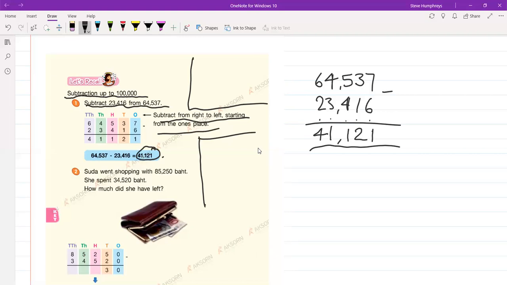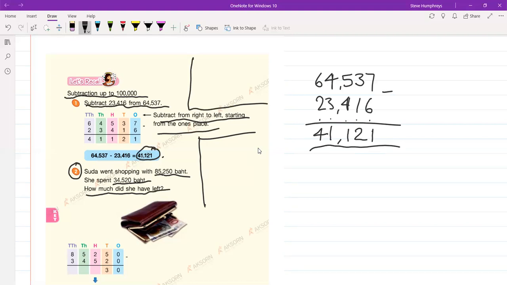Right. Next one is a word problem, number 2. Okay, I'll read it. Sudha went shopping with 85,250 baht. She's a rich lady. She spent 34,520 baht. How much did she have left?